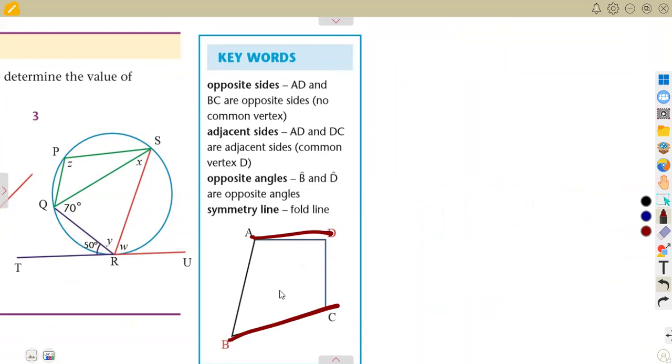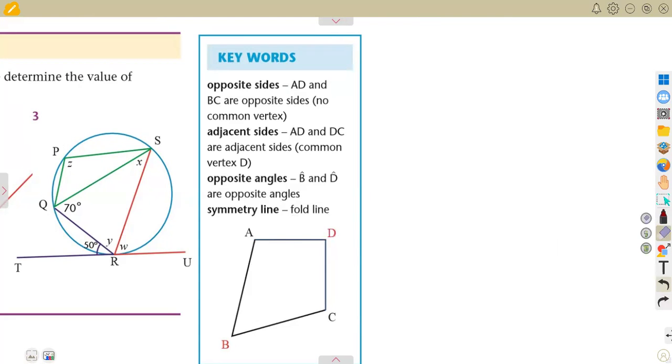They do not have any common vertex, they do not meet at any point. But if you check AD and DC, they are going to meet at a certain point. They are adjacent sides, and adjacent sides have a common vertex.